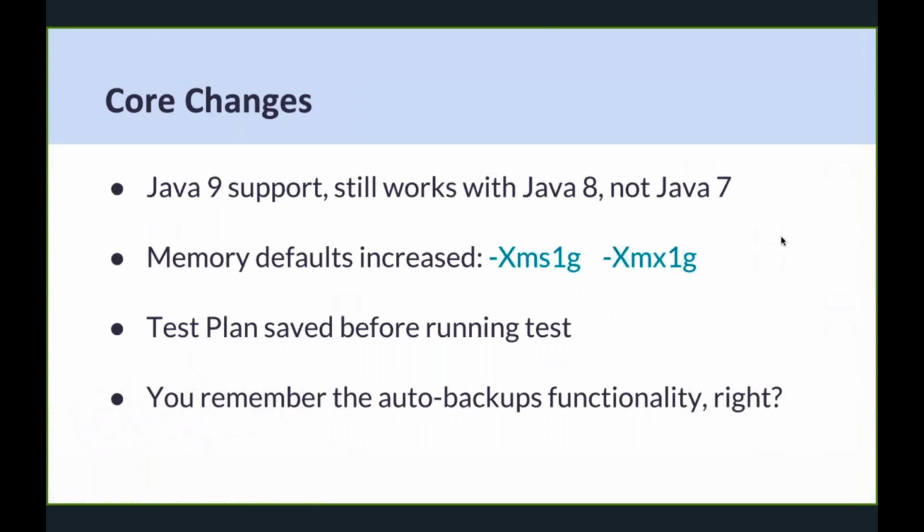One of the important defaults was increased for the Java virtual machine that runs JMeter. Its default memory limits. It's now 1 GB of memory allowed for JMeter, and you can always change that through JMeter launch scripts or through environment variables, and increase the limits if you need.